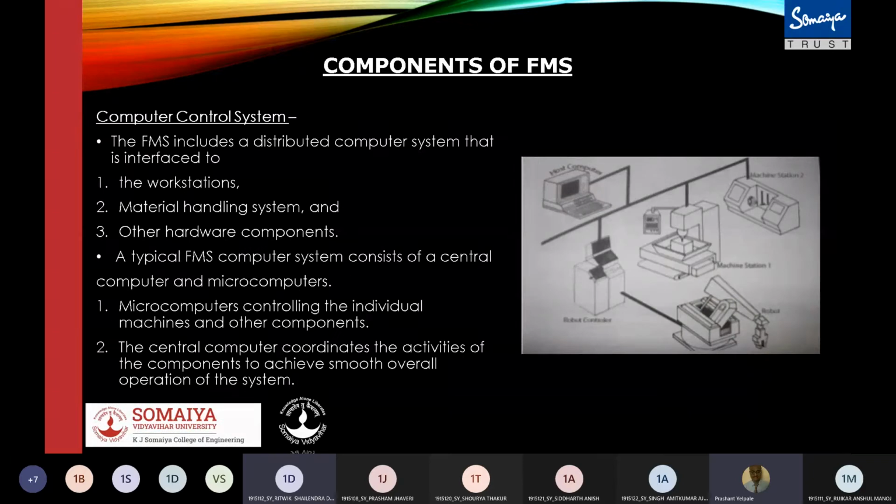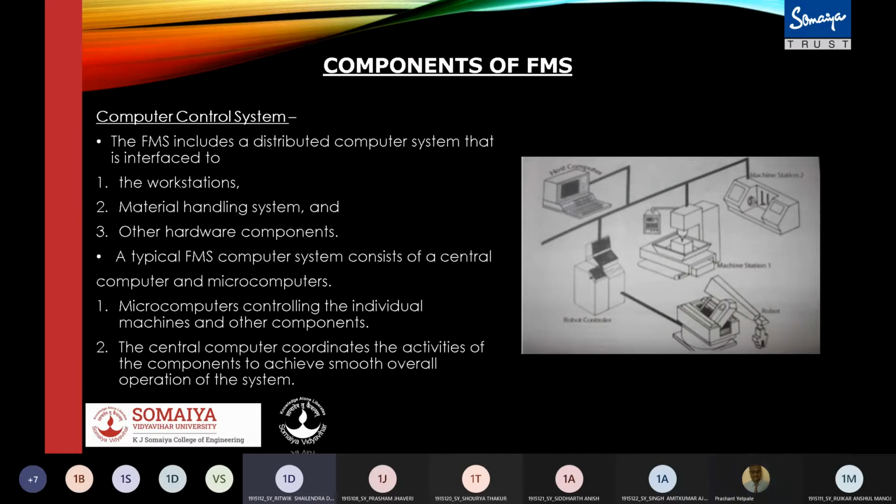So the next component is the computer control systems. This is an extremely central part of the FMS, which includes a distributed computer system that is interfaced to everything, including the workstations, the material handling systems, and all other extra handling components. Typically, an FMS computer system consists of a central computer, which is connected to every single microcomputer, which is connected to the individual machines and all the components.